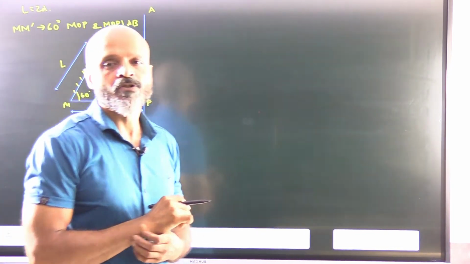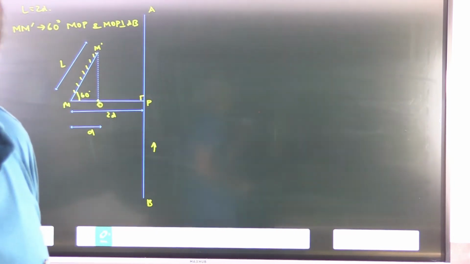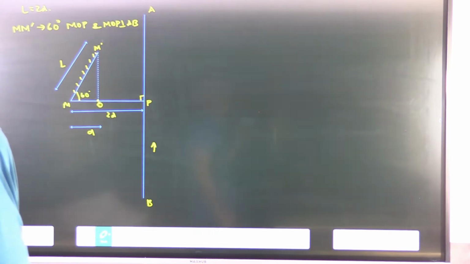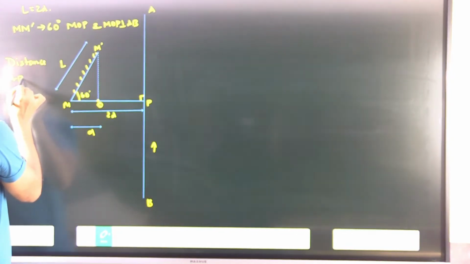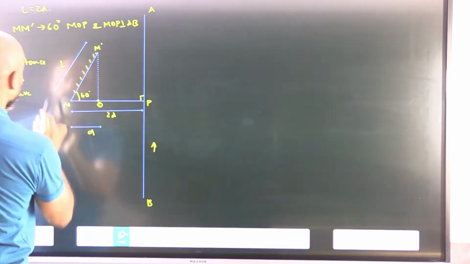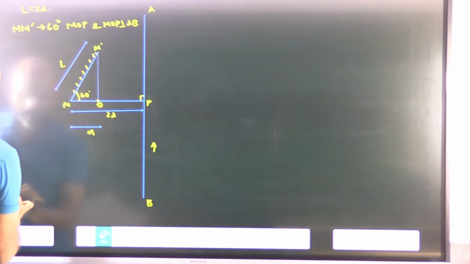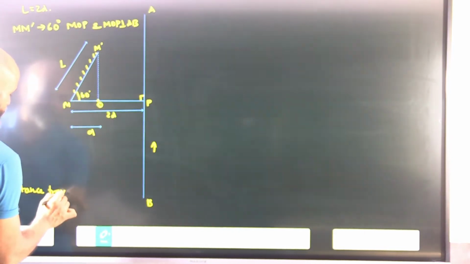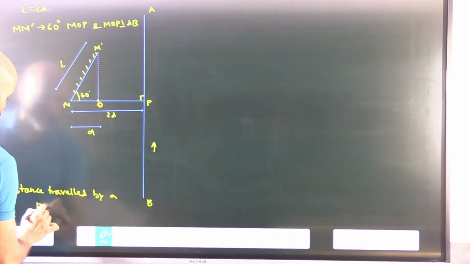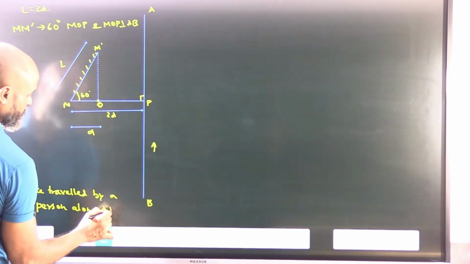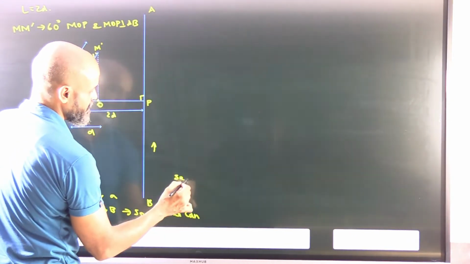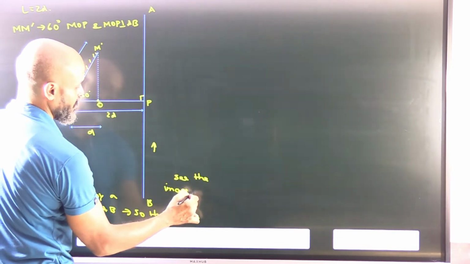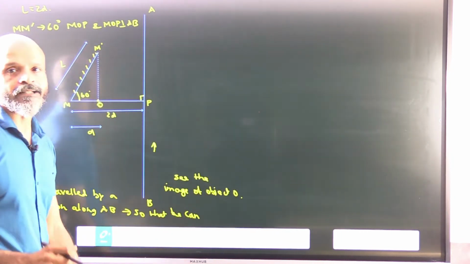So now we need to find out the distance AB traveled by a person along AB or BA, so that he can see the image of the object O.